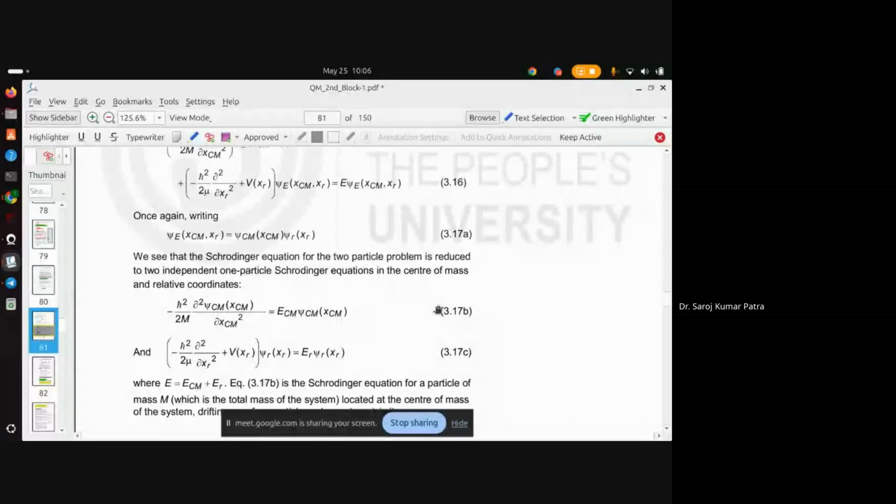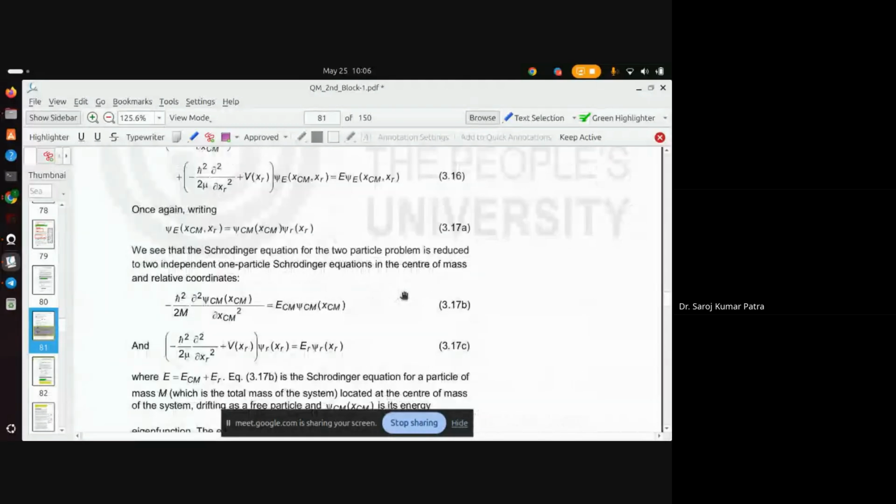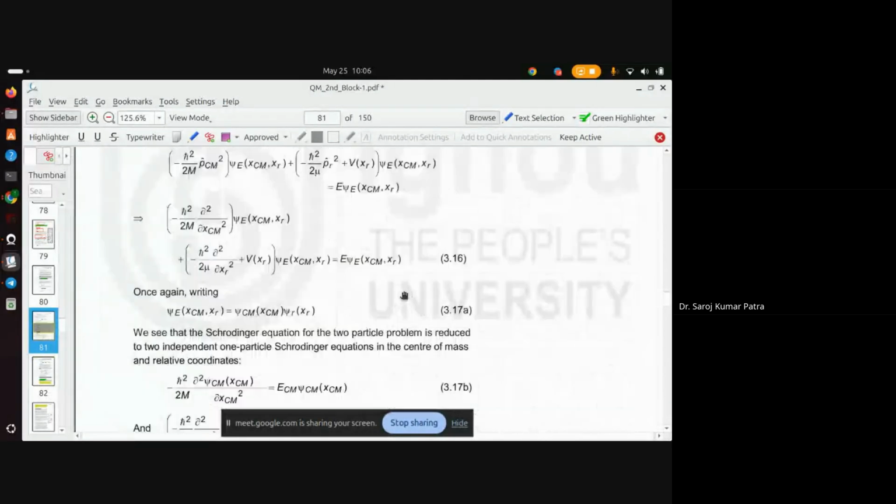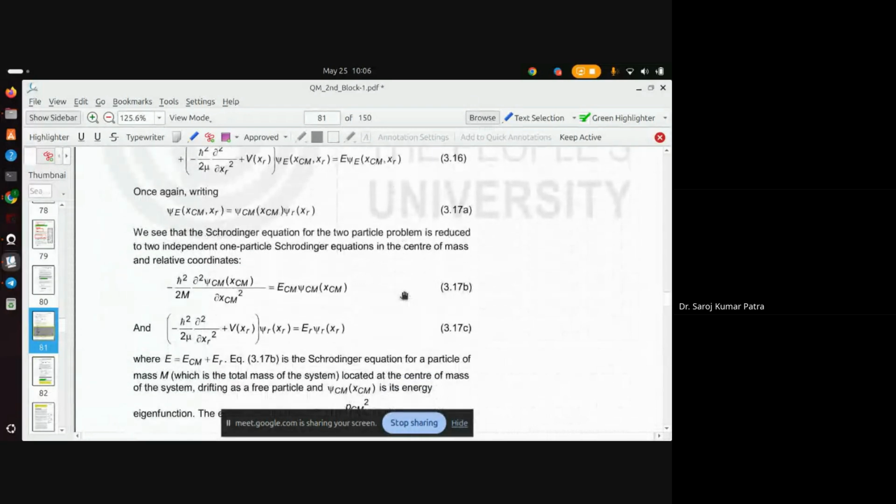Okay, at this point I'll take a couple of minutes break. In this break, I would suggest all of you to look at these equations once again. If you are not following any part of it, we can discuss.